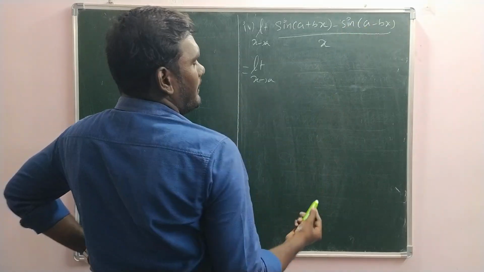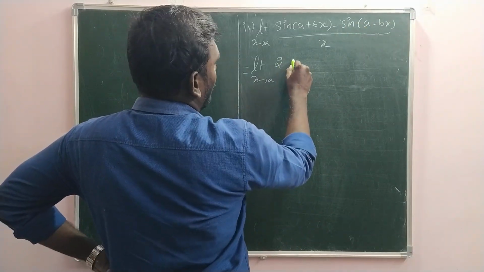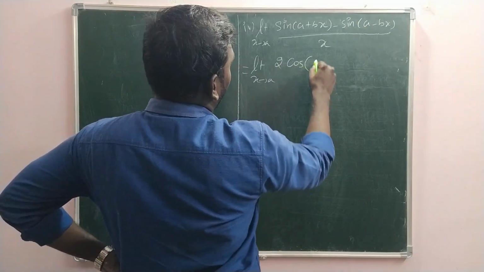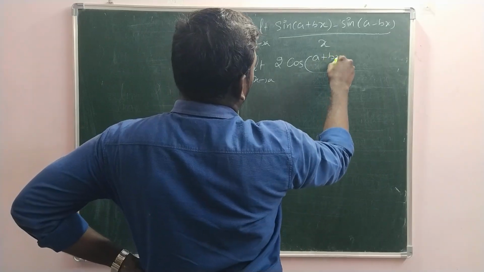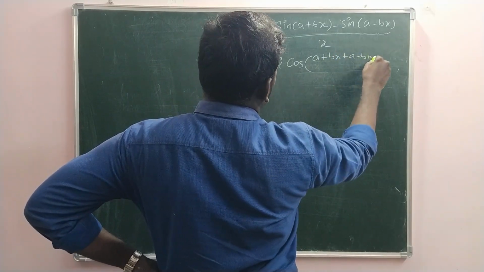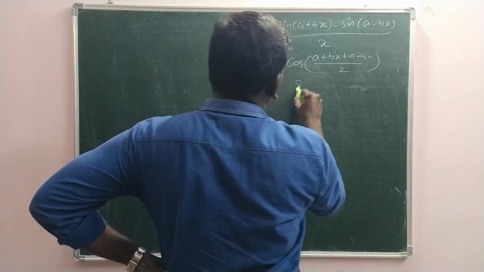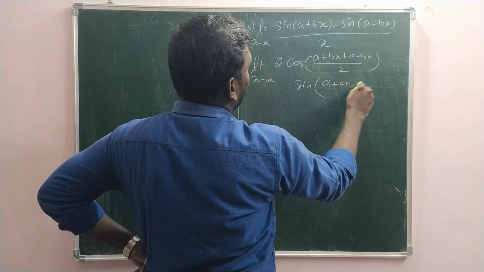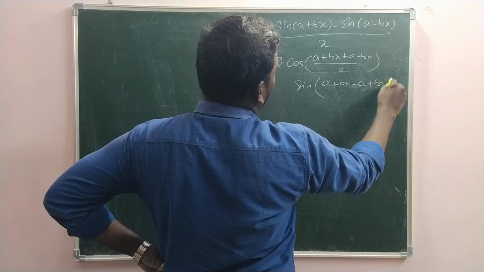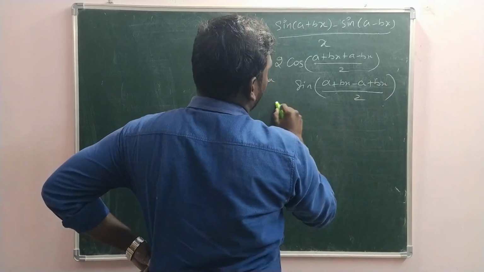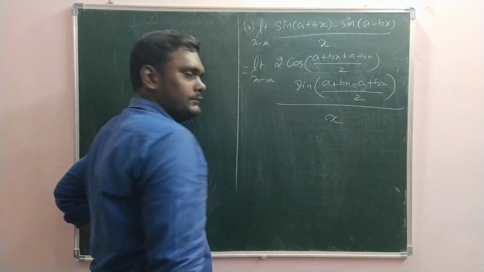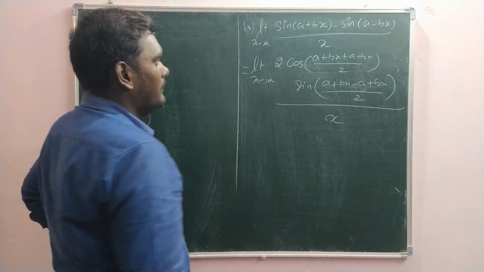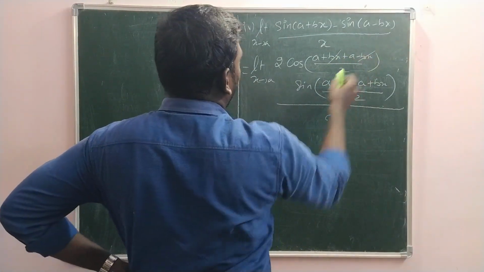Sin c minus sin d means 2 cos c plus d by 2, that is a plus bx plus a minus bx by 2, into sin c minus d by 2, a plus bx minus a plus bx by 2, whole divided by x. Then plus bx and minus bx cancel.